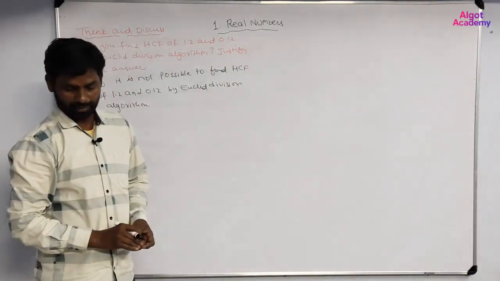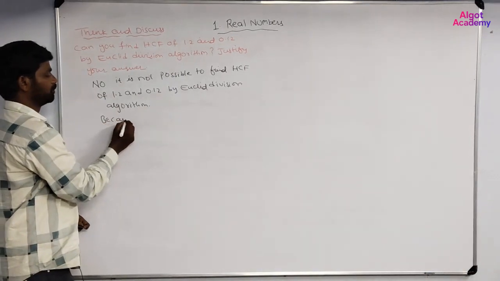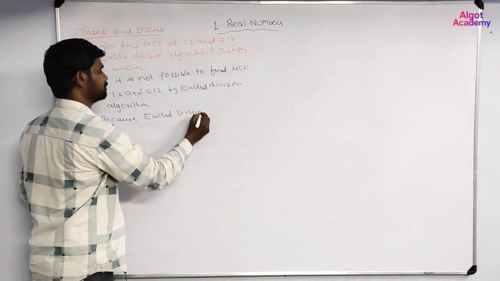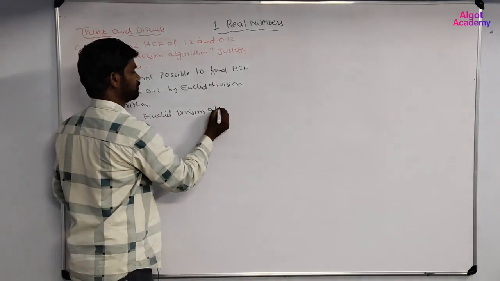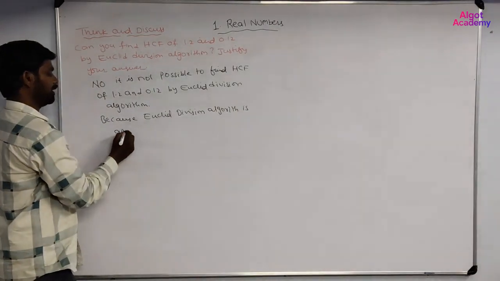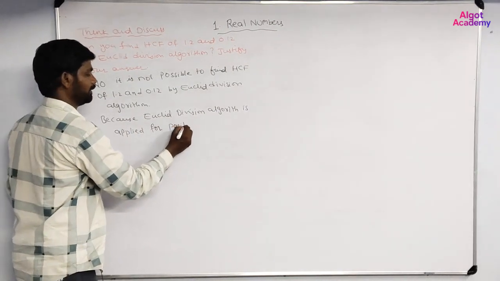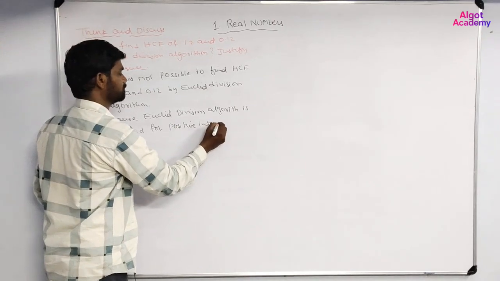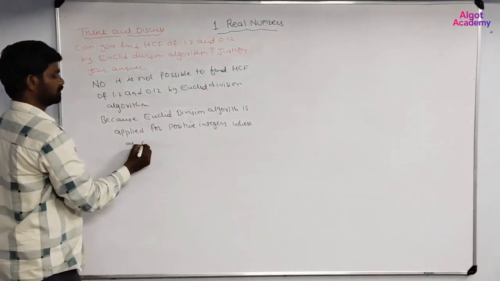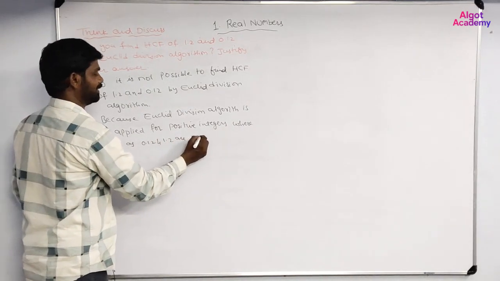Justify your answer. Why? Because Euclid division algorithm is applied for positive integers only, whereas 0.12 and 1.2 are not integers.